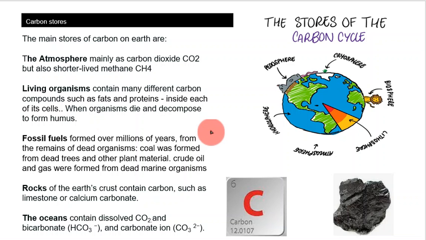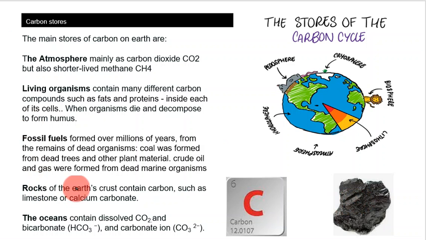So what happens is over a long period of time, animals that would have died in the past, all of the carbon that was stored in their bodies would have been compressed and turned into fossil fuels such as coal and gas and other natural fossil fuels. Okay, so again, carbon is stored, and we use these as a source of energy. So what we can do is we can burn them, and we can release the energy that's trapped inside coal or gas, for example.